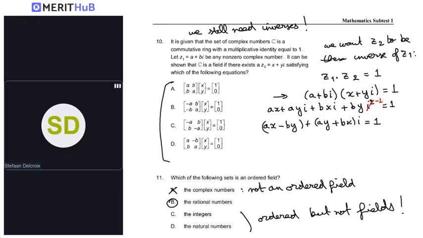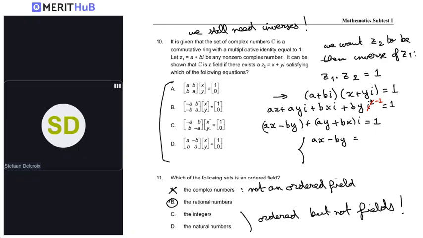Ooh. When are two complex numbers the same? So now we're getting some equations almost. We just need to set the real parts and the imaginary parts the same. Well, the real part on the left is AX minus BY.